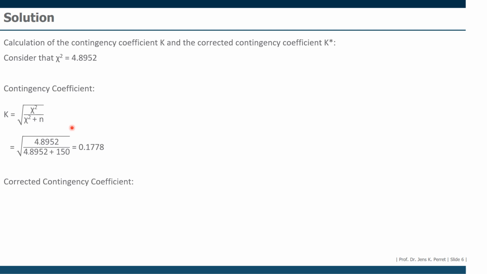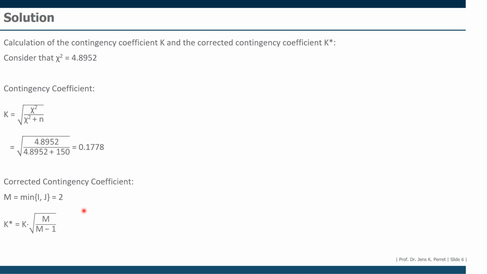So for the correction of the contingency coefficient, we need this help value, this parameter m, which is just the minimum of the number of columns or rows. Here I have 2 columns, 2 rows, so the minimum is just 2.